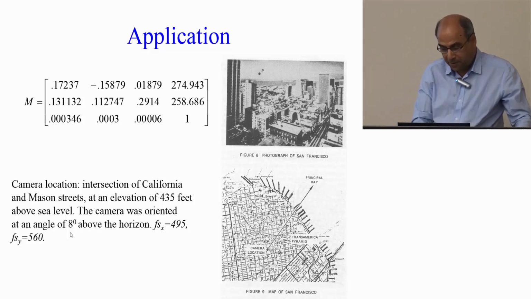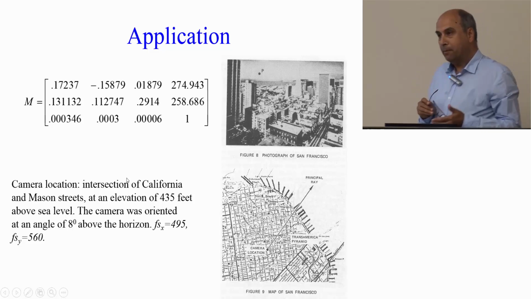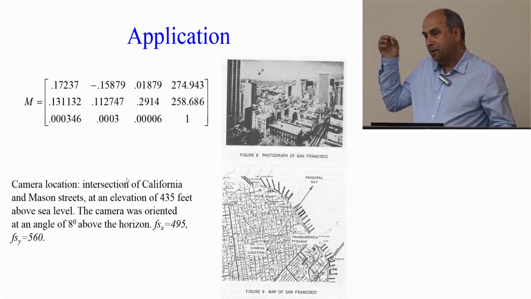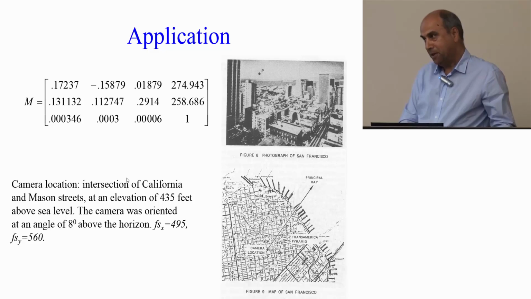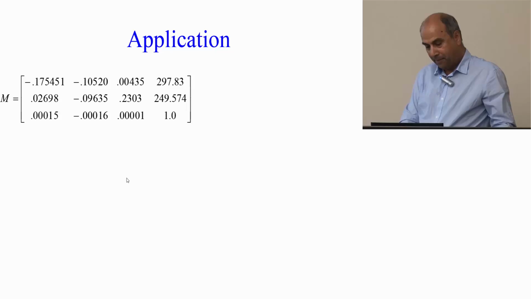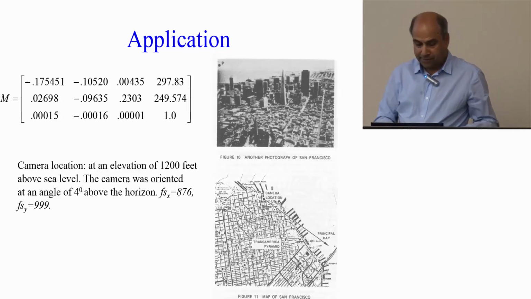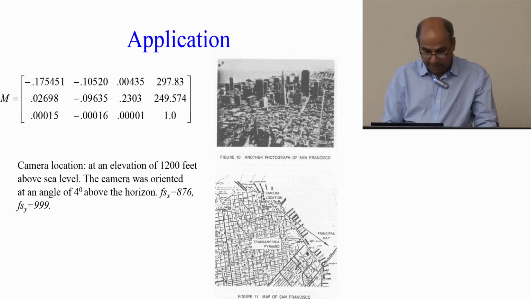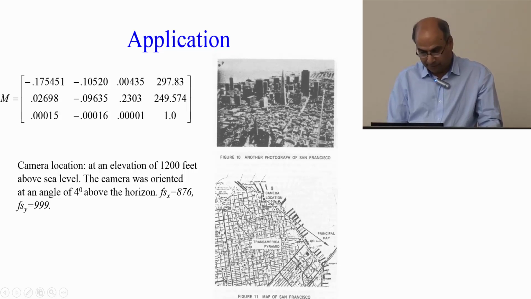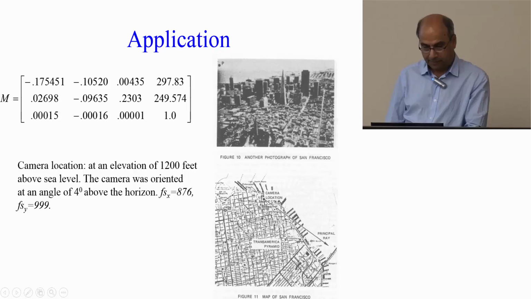This is a picture taken a long time ago, from the book, so you can find out where this picture was taken, which is pretty interesting. Another example here: this is the camera matrix, and this is another picture, and they found out that this was taken at this elevation, and the camera was oriented that way, and this is the location where the picture was taken.